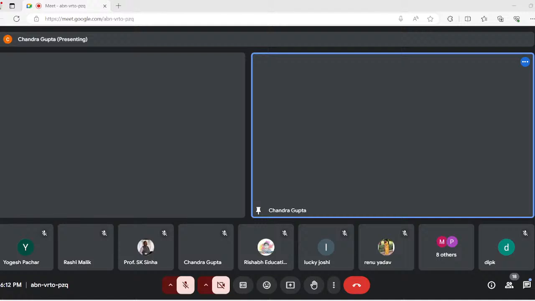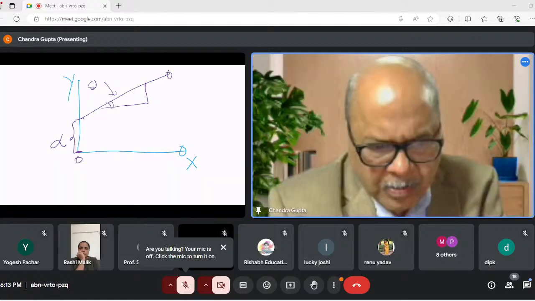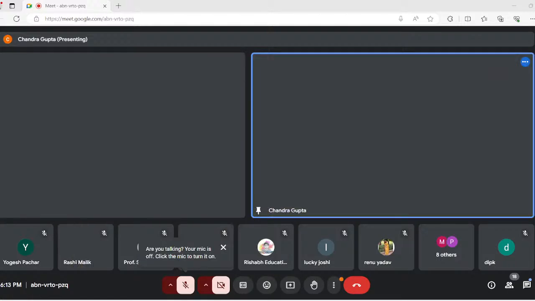If you have a regression line like this, the slope of this line, that is your beta. Slope is nothing but change in y with respect to change in x, that's equal to beta.